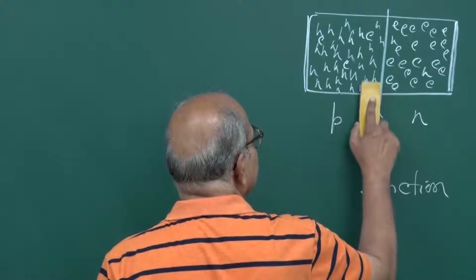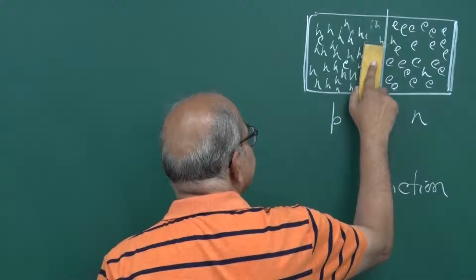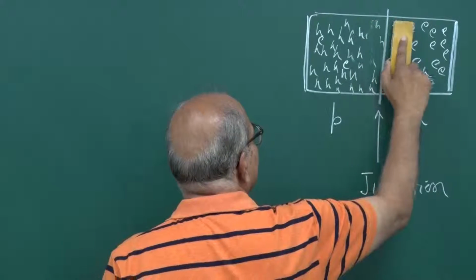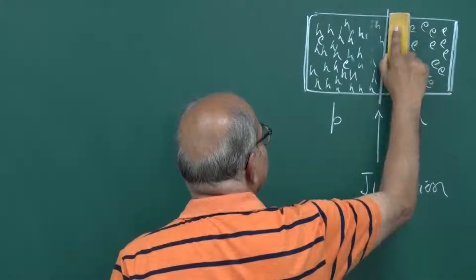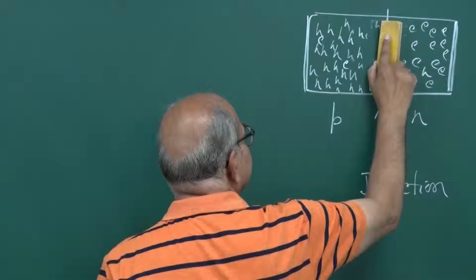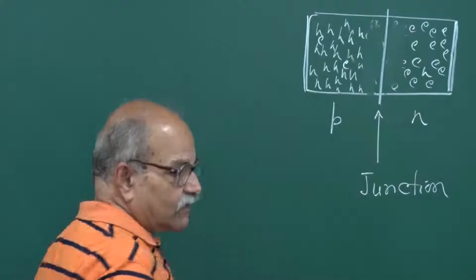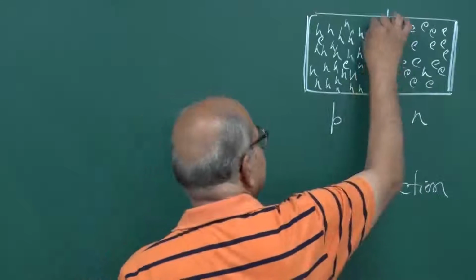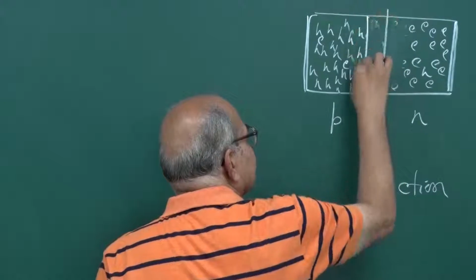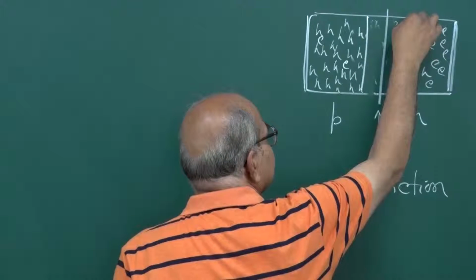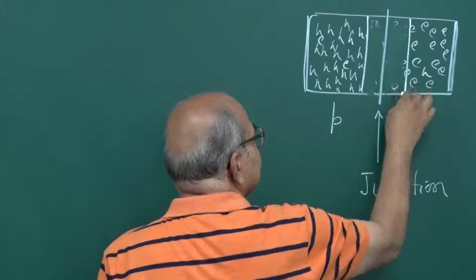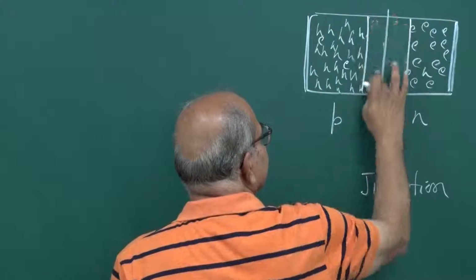There is some region on the two sides of this junction where you do not have charge carriers, right? So you have a region, say, up to here, and up to here, where you have no charge carriers.